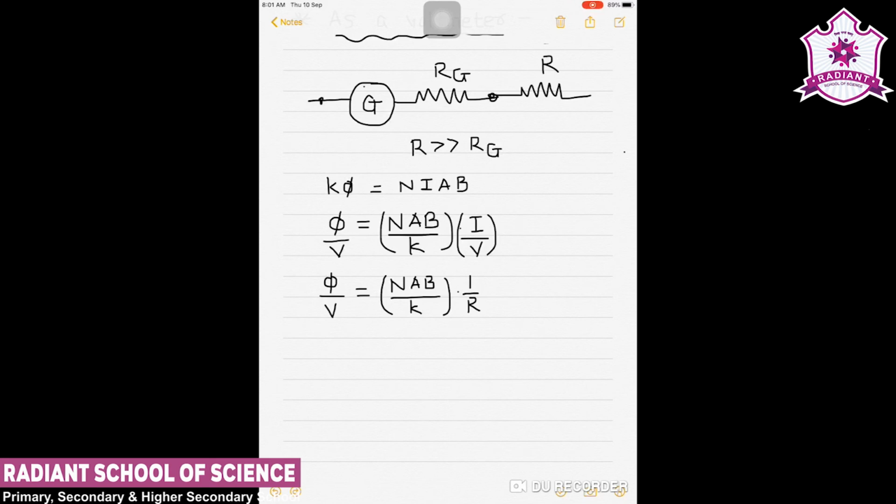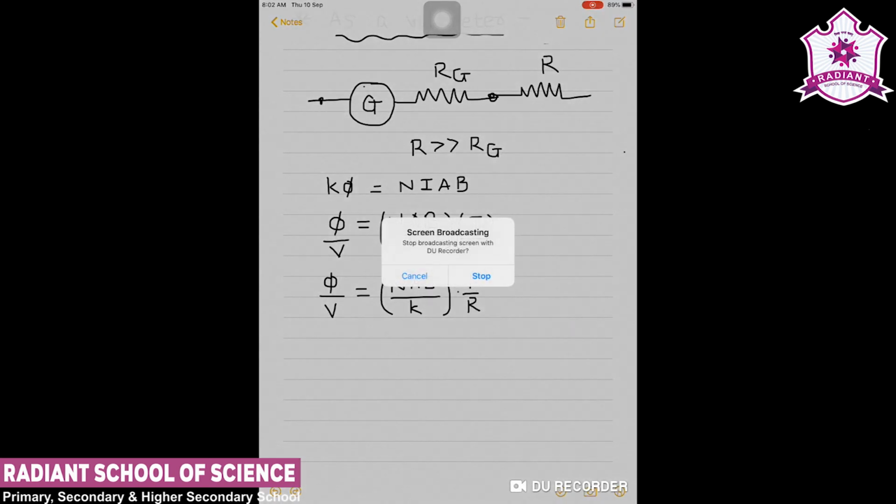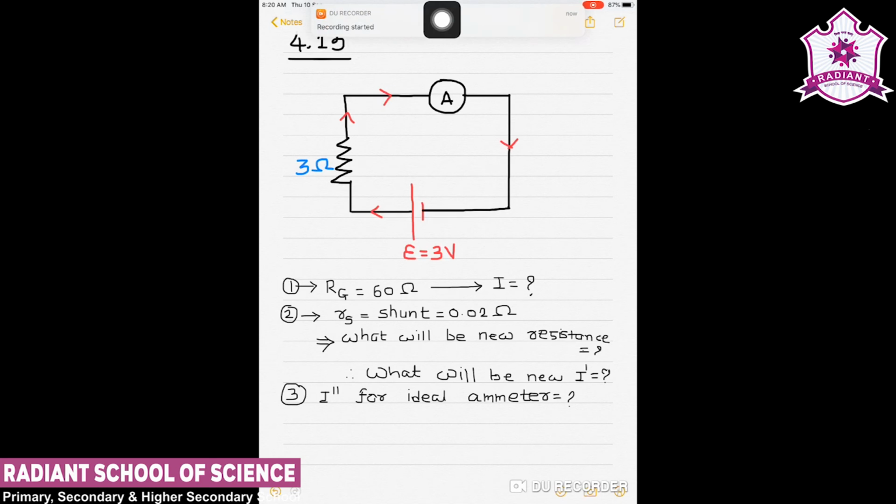So it is very clear that we can convert a galvanometer into an ammeter, and in a different manner we can convert a galvanometer into a voltmeter. Now as shown in the figure above, the circuit is provided, and in the circuit the current is to be measured.